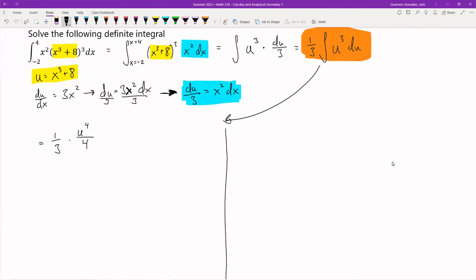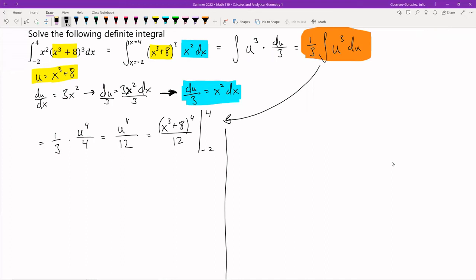This is going to be equal to u to the 4th over 12. Okay. And now I get to undo my substitution. So this is actually equal to x cubed plus 8 over 12, to the 4th, evaluated from -2 to +4.